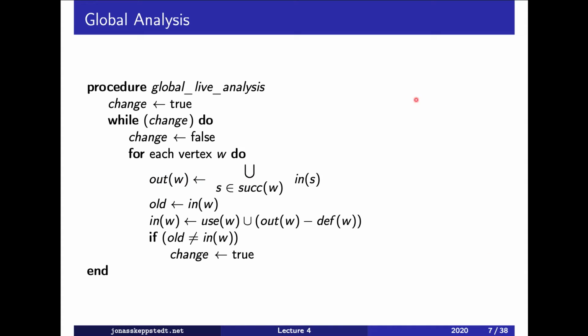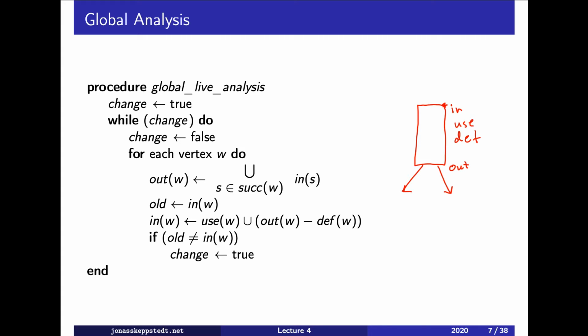Okay, if this is a basic block, we have the use and def sets, and the out is the set of variables which are live at this point. Okay, and then we have some successors. And in is the set of variables which are live at this point.